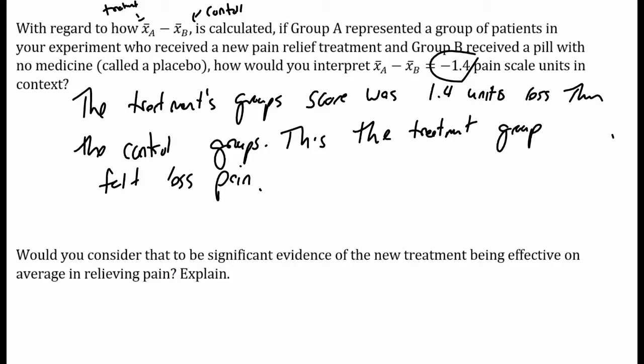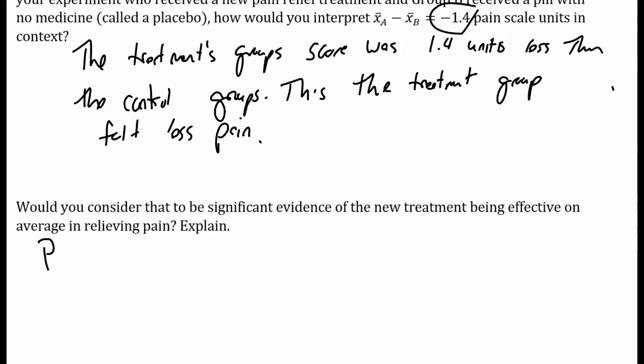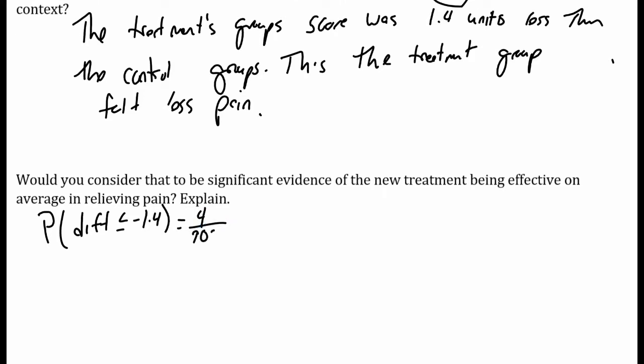So the probability that our diff value, x bar of A minus x bar of B, is less than or equal to -1.4 was only 4 out of 100 dots in that distribution, which is 4%. This difference value is statistically significant.